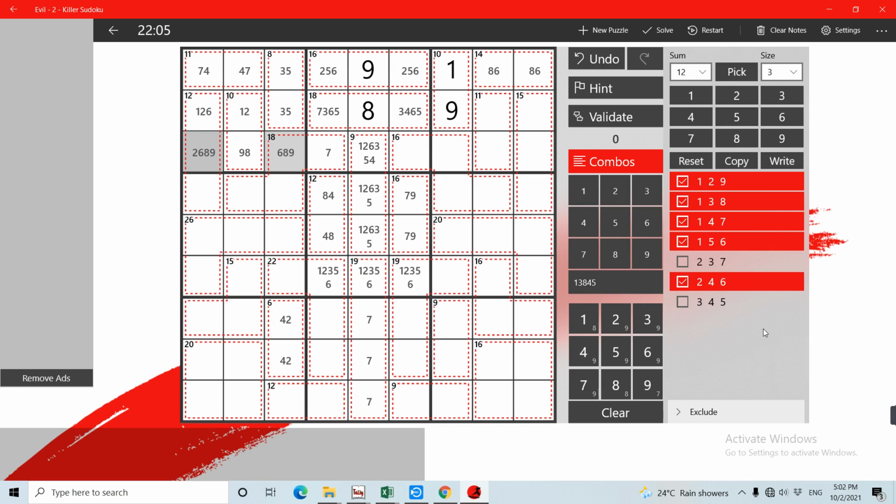okay, anything which has both 1 and 2, because if you notice here, 1 and 2, these are the only two spots for 1 and 2. If I use a 1 here, I'll have to use a 2. If I use a 2 here, I'll have to use a 1 here. So we cannot have both 1 and 2.